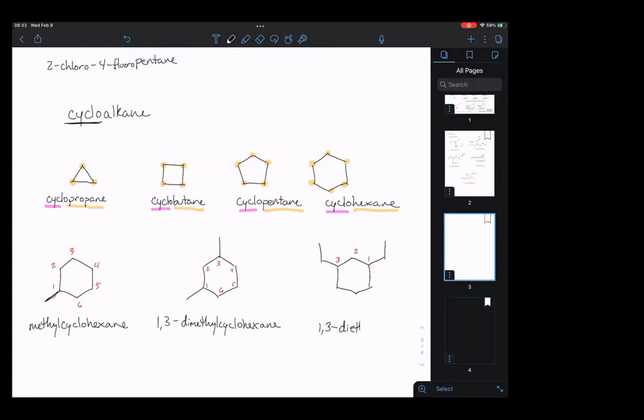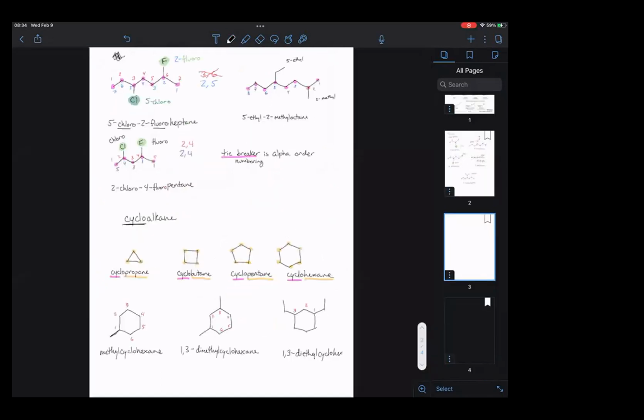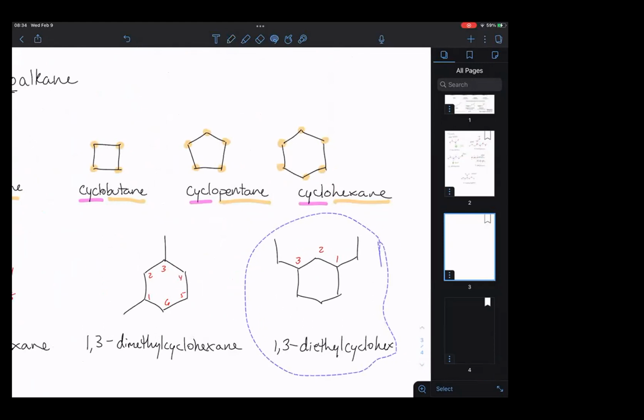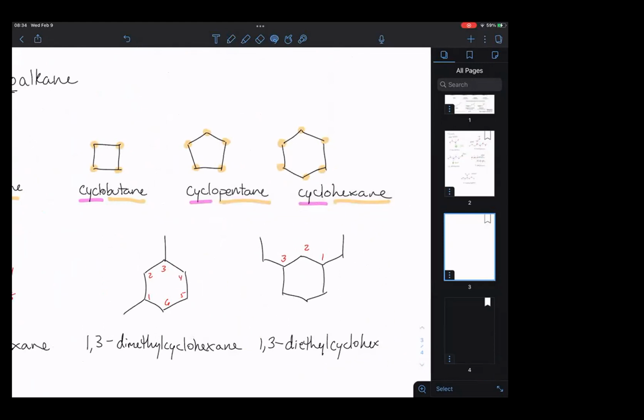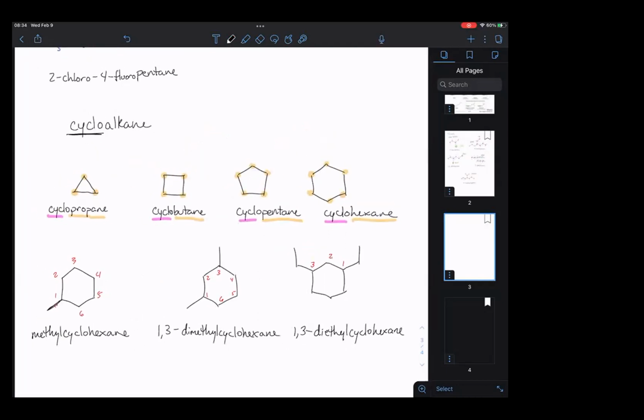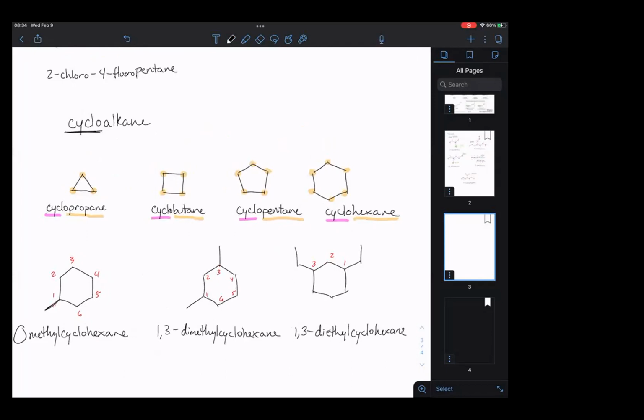So diethyl cyclohexane. Okay, but again, if there's only one substituent, I know it's a little weird, but we just drop that one because it's always going to be one.